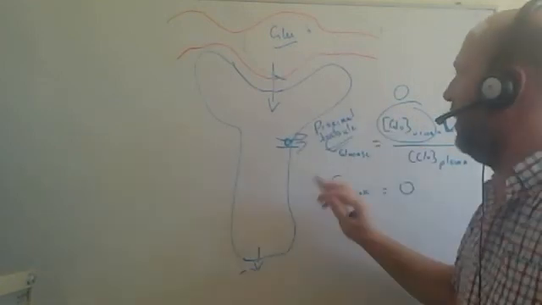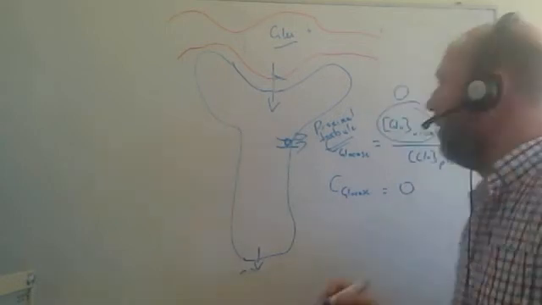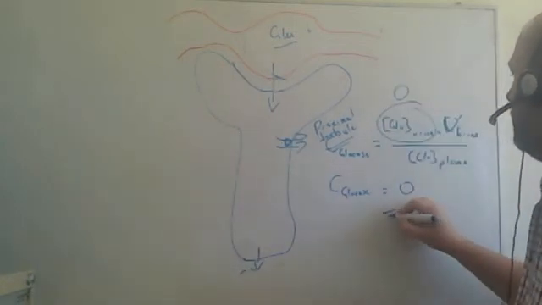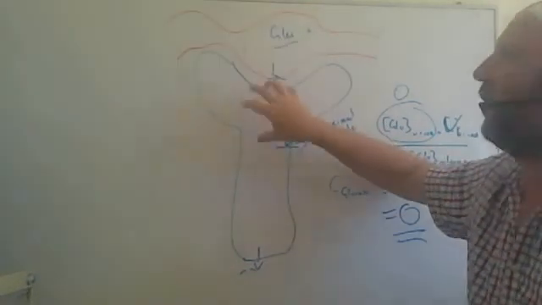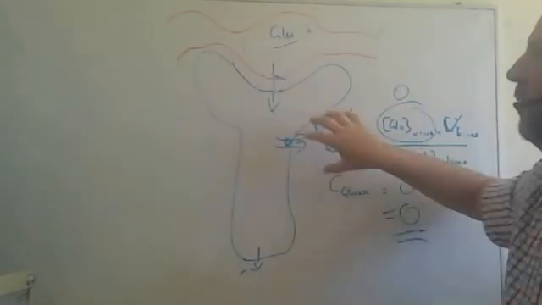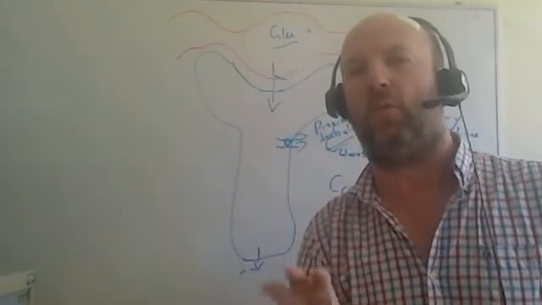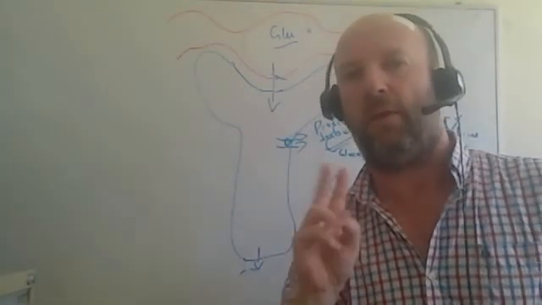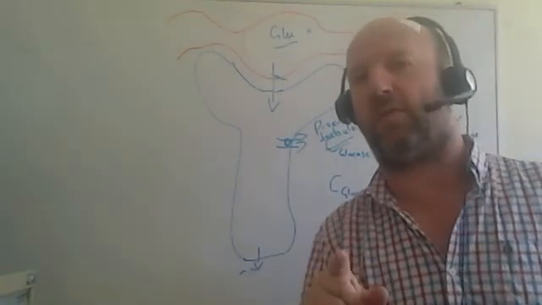And so therefore, the clearance of glucose in the non-diabetic person, you would expect again to equal 0. Why? Because a substance that is freely filtered but totally reabsorbed, its clearance is also equal to 0.